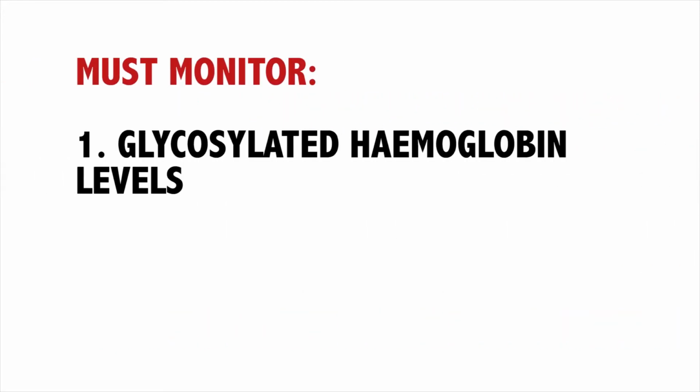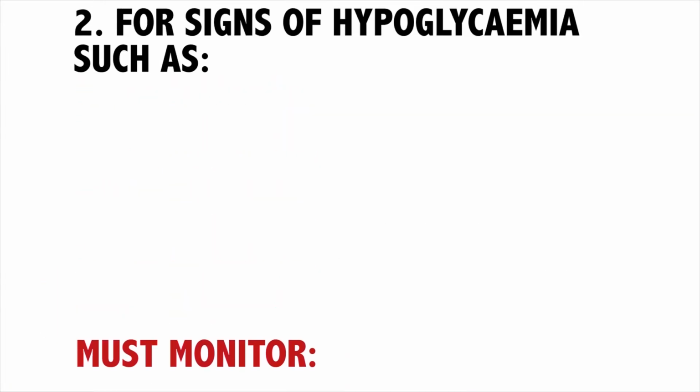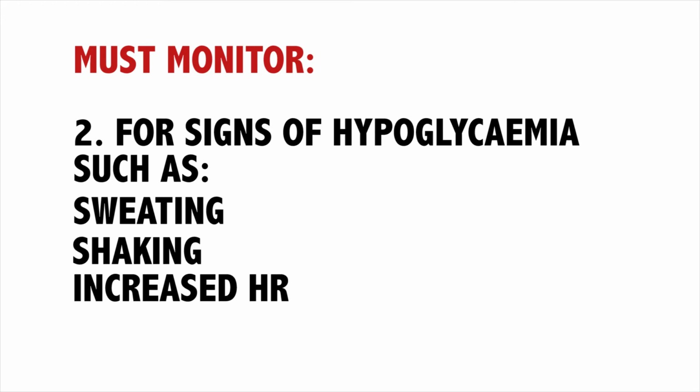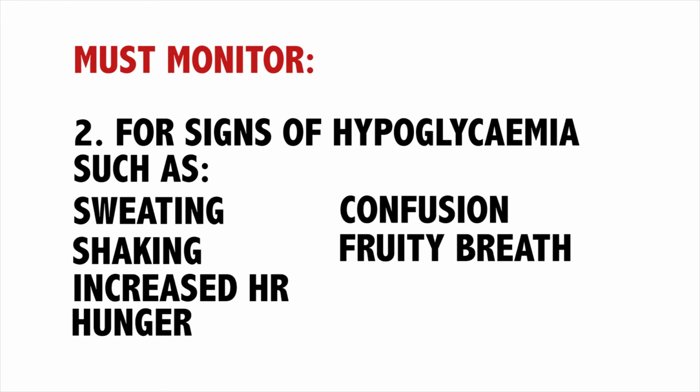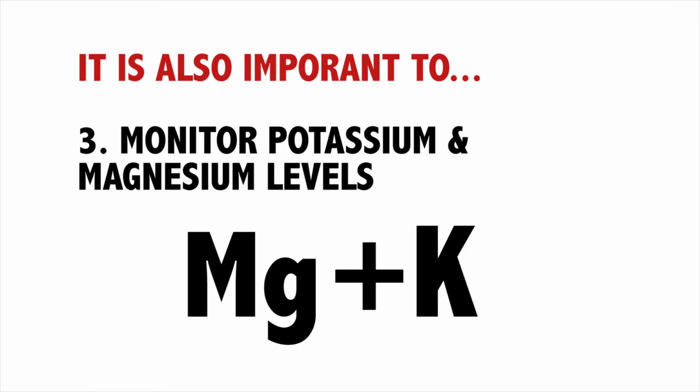Periodically monitor glycosylated hemoglobin levels, regularly assess for any signs of hypoglycemia such as sweating, shaking, high heart rate, hunger, confusion, fruit-like breath odor, frequent urination and thirst, and monitor the level of potassium and magnesium.